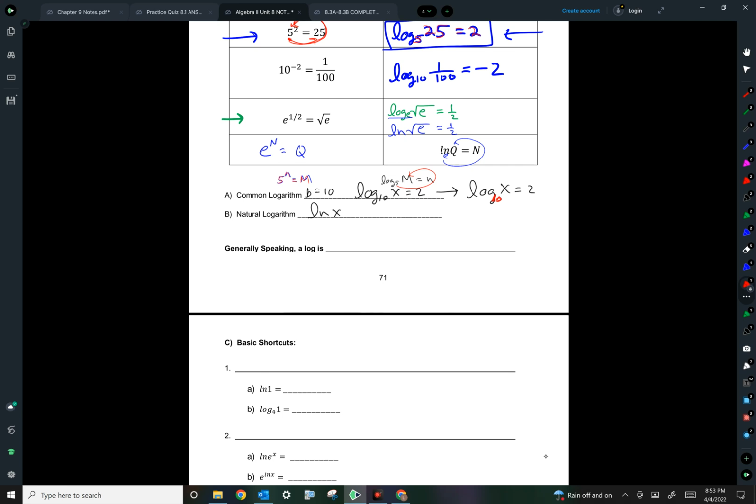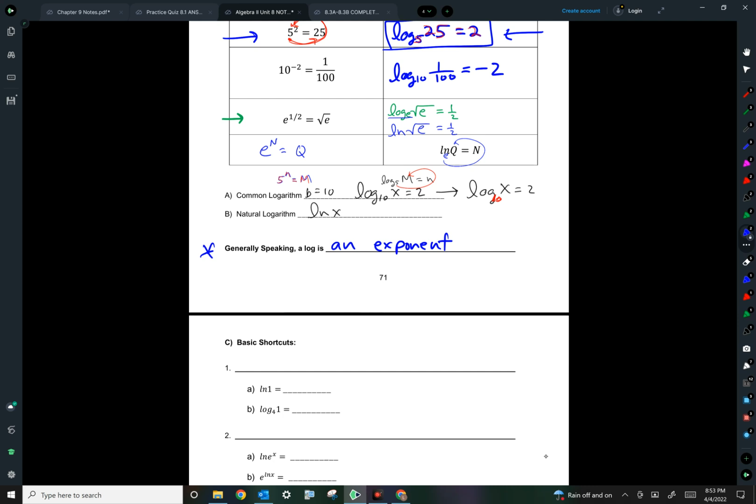All right, and the last thing I want to mention before we go on to the shortcuts is what I've already said, but it's a biggie. I'm going to put a little handy-dandy star by it. Generally speaking, a log is an exponent. A log represents an exponent. The answer to a logarithm is an exponent.